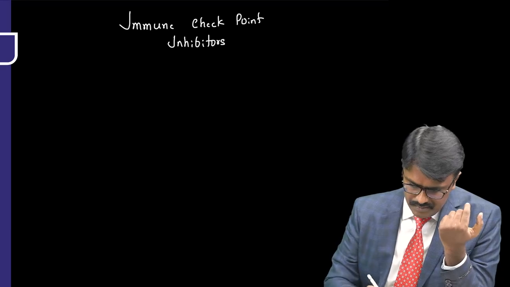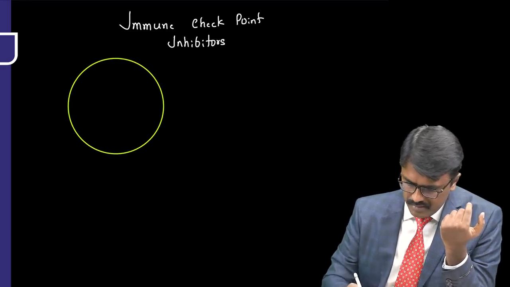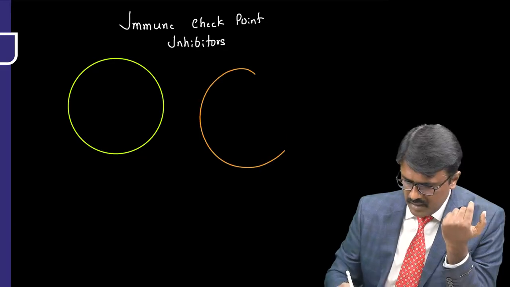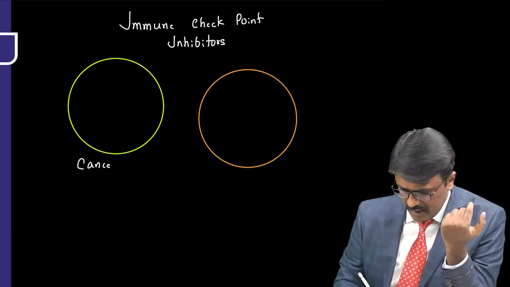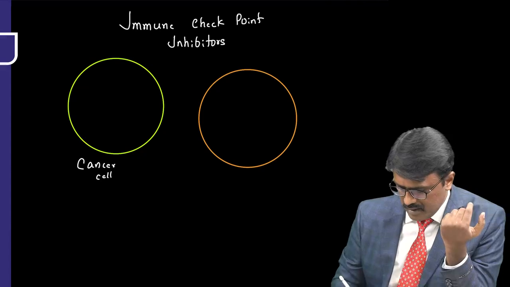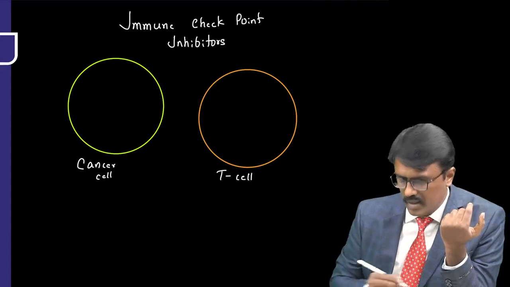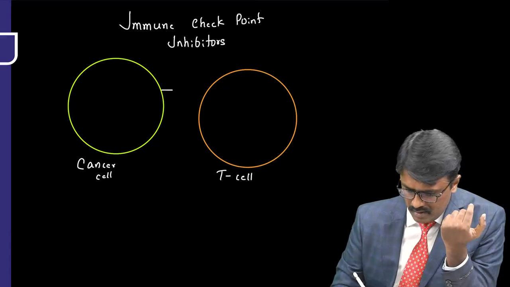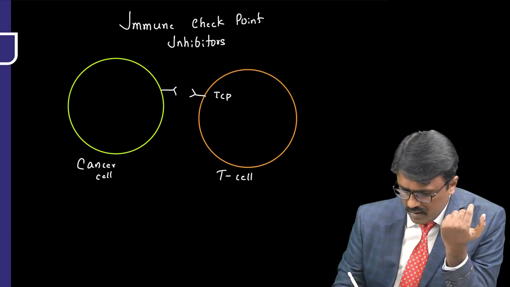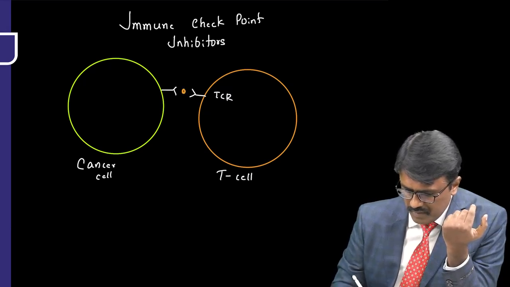Let me write. This is the cancer cell and this is the T cell. Now what happens? The T cell has a receptor called T cell receptor. Here the antigen is presented.